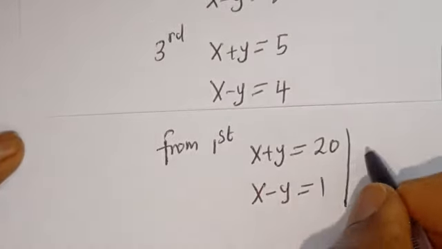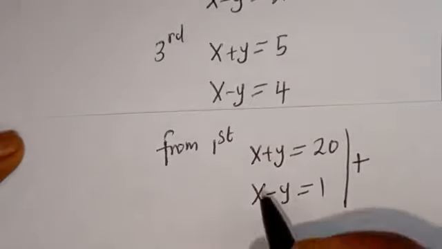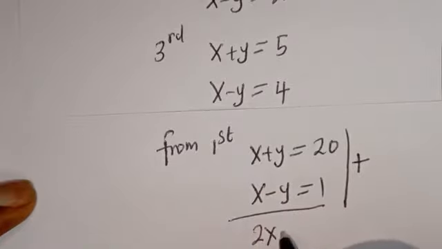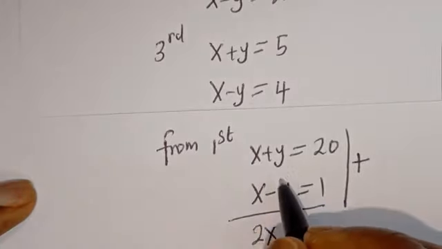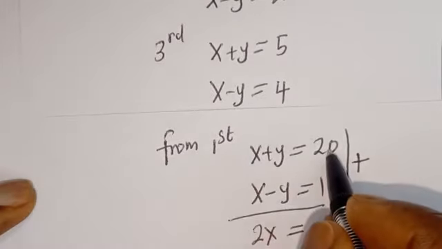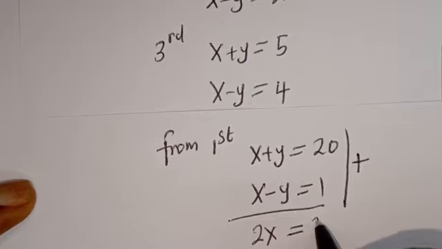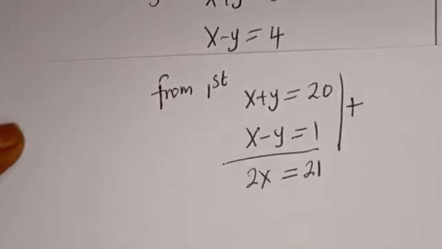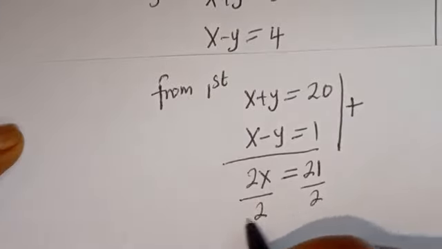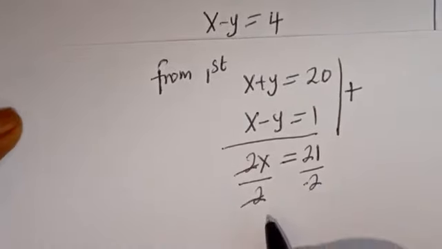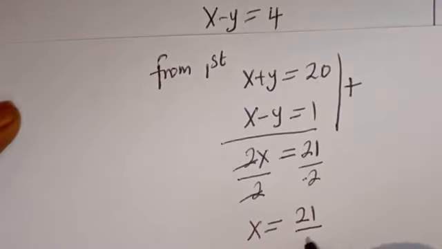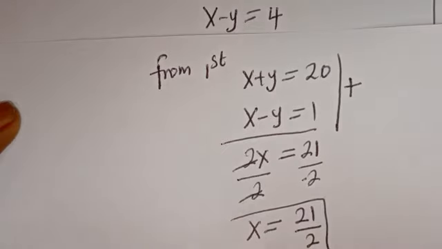Let's solve using the elimination method by adding the two equations together. x plus x is 2x, then plus y minus y will be 0, equal to 20 plus 1, this is 21. Now let's divide both sides by 2. Then x is equal to 21 divided by 2. This is the value of x.